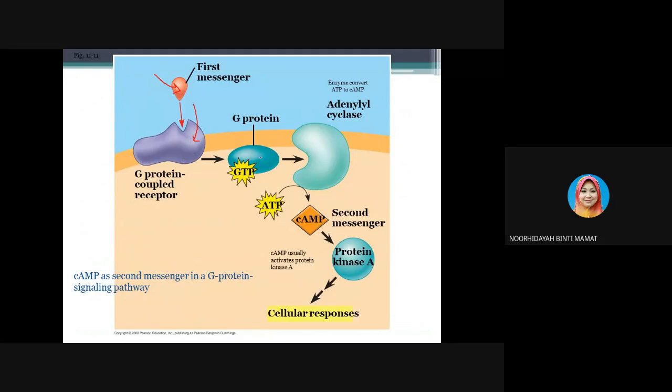Then the enzyme converts ATP to cAMP. So this is the enzyme, and the enzyme will convert ATP to cAMP. So this is the second messenger. cAMP will usually activate protein kinase A, and then it will convert the signal into cellular responses. Okay, so this is the second messenger, right?